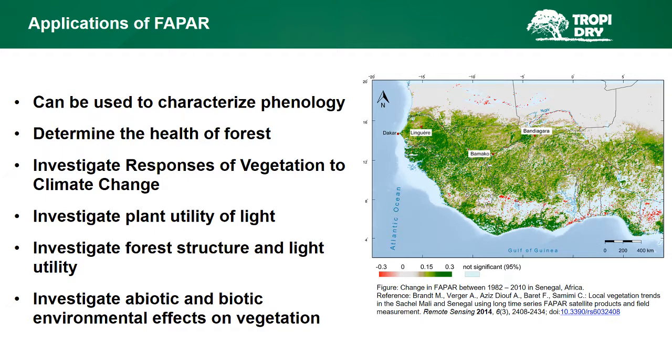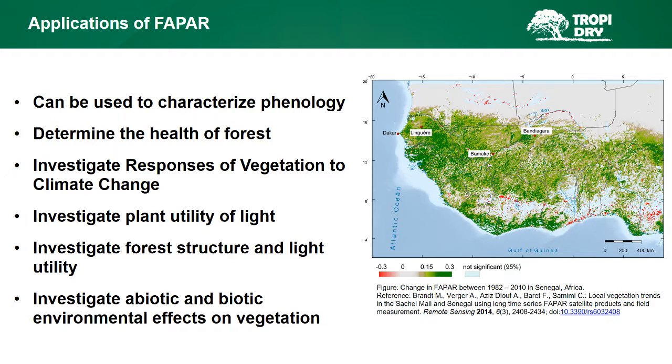So, not all plants utilize light the same way. And it also allows us to investigate the abiotic and biotic environmental effects on vegetation, such as how you could probably monitor how pine beetle, let's say in North America, is affecting forests.